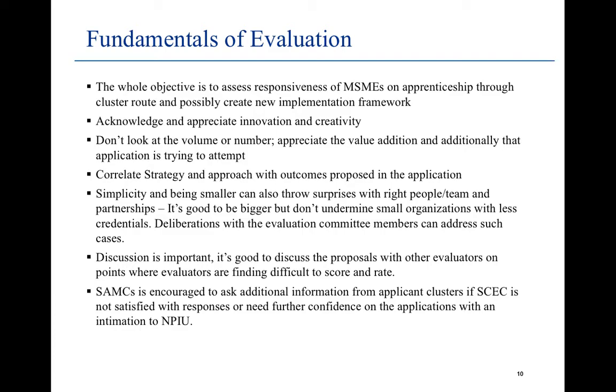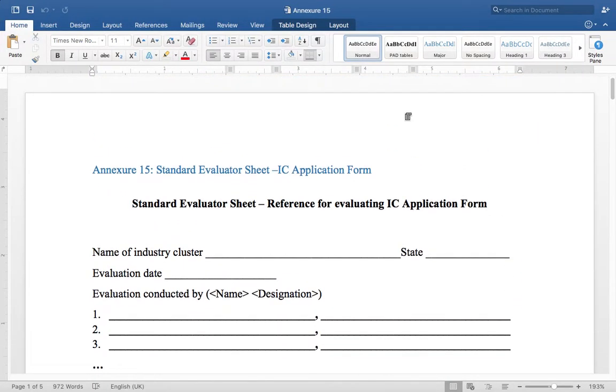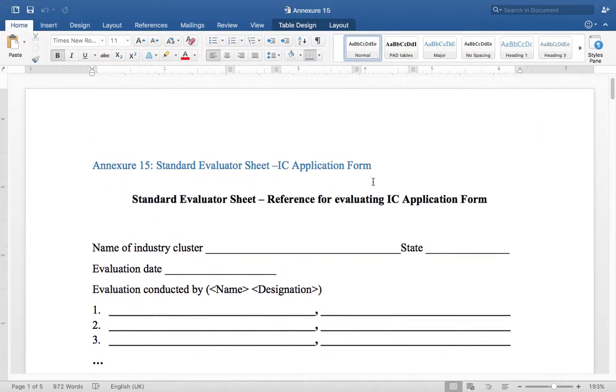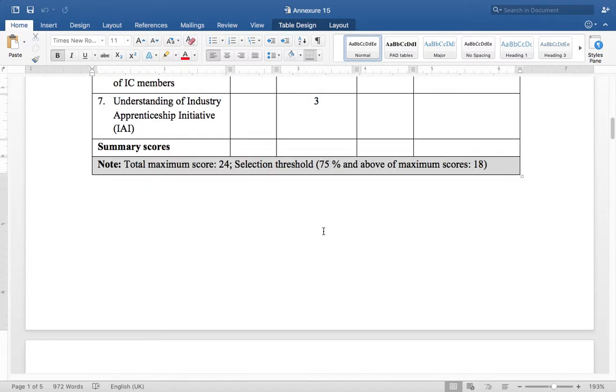To conclude, you already have Annexure 15, which you can use as a standard evaluation sheet. This has 7 broad categories, the scoring flexibility and the multiplication score. We have highlighted the threshold value to shortlist.